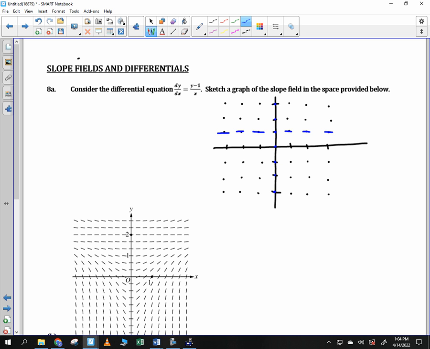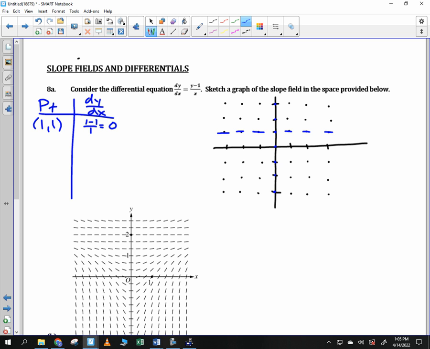And we'll do a couple other slopes. For example, you can actually make a chart over here. This is part of what they'll look for. They'll say to put your point there, and then a dy over dx over here. So if the point is (1, 1), then the derivative is 1 minus 1 over 1, or 0. But we already know that, right?